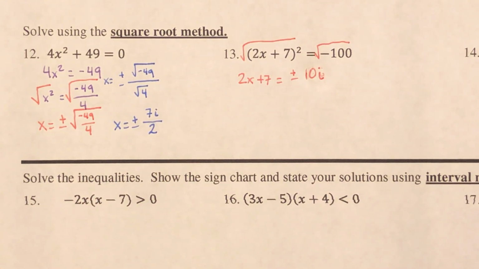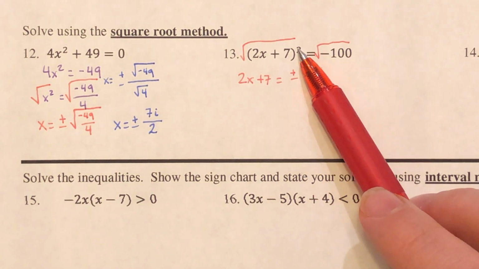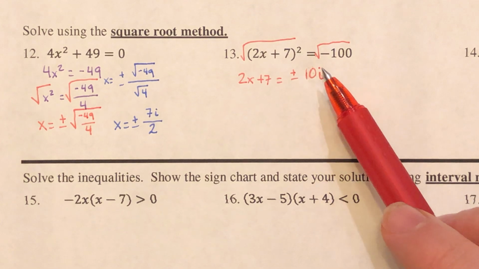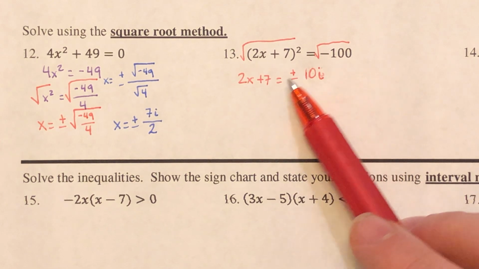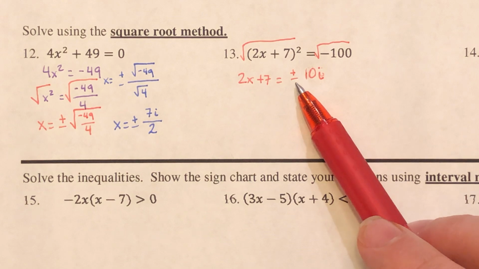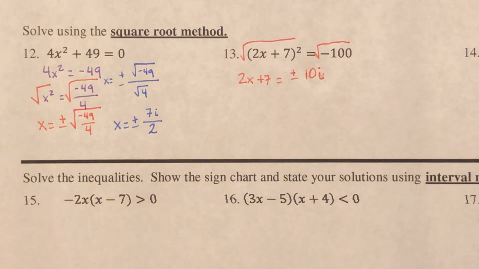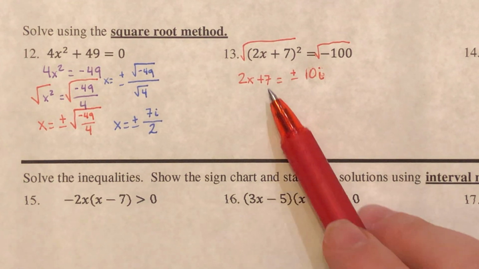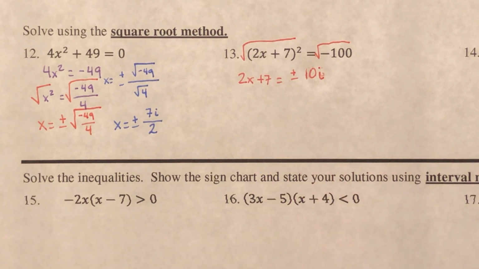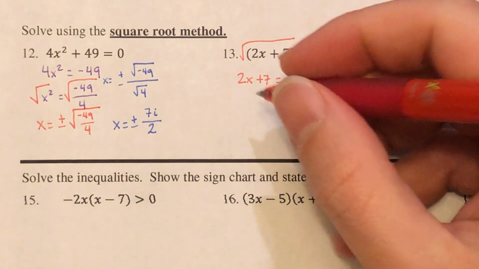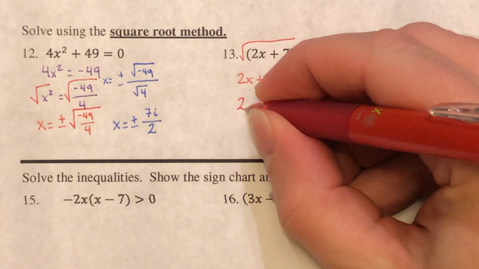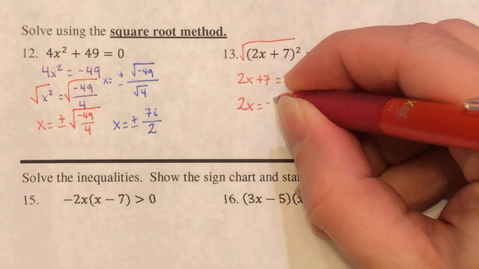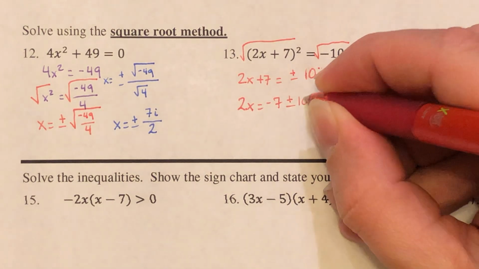So the third thing that we needed to remember, so the first one was get what's squared alone. The second thing to remember is when I take the square root, do the positive and the negative. And then the third thing to remember is after I've taken the square root, I want to simplify completely and solve all the way for x. So I still need to get the x alone. So I'm going to subtract 7 from both sides. So I have 2x equals negative 7 plus or minus 10i.